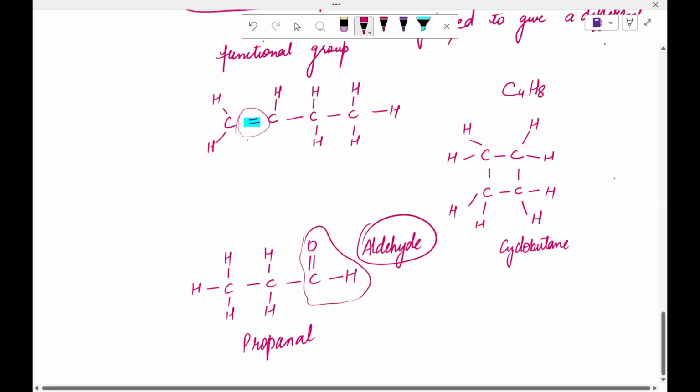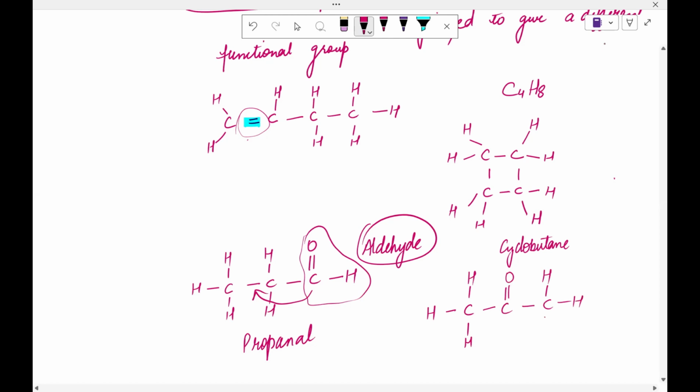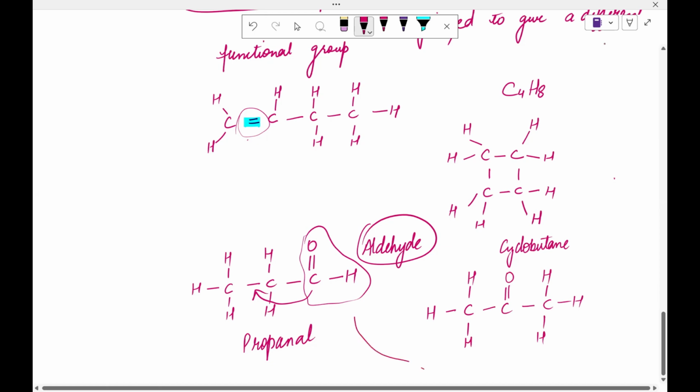And if I would move this functional group in this manner, I am going to move this functional group to this place. So let's see what is going to happen. This would become C double bond O and there is CH3 over here. You can see that the molecular formula is same, but now what has it become?